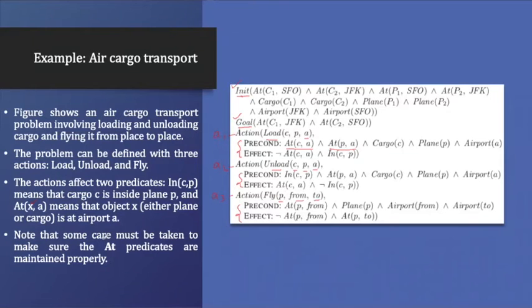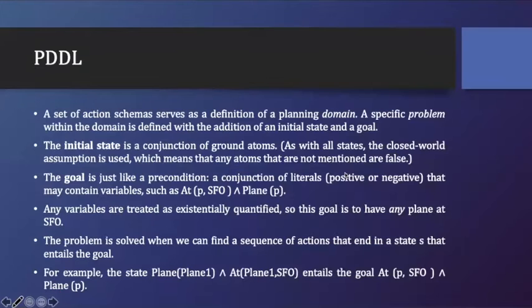Note that some care must be taken to make sure that the At predicates are maintained properly. So let's understand this particular problem, and then we'll see how we can reach the goal.